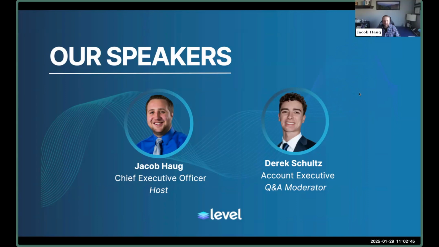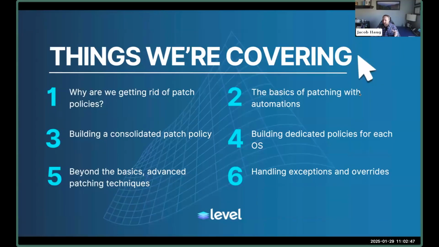Awesome. All right. So here's kind of what we're going to be covering today. We're going to start with just covering why we are getting rid of patch policies, and then we're going to dive into the basics of patching with automations. We'll start with building a consolidated policy where you're able to patch all operating systems in one unified automation.